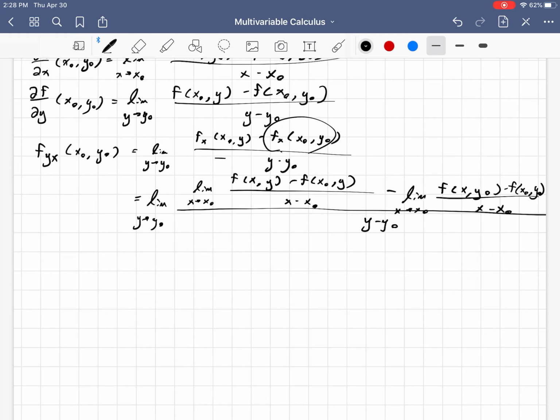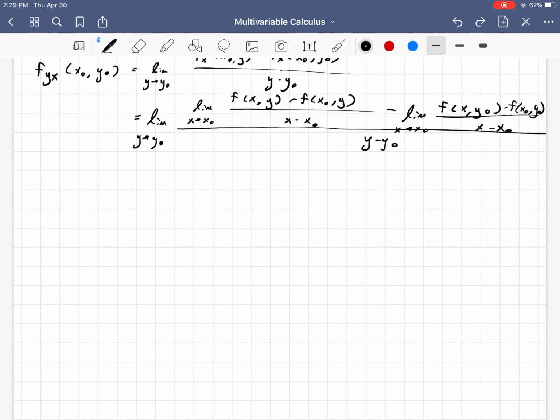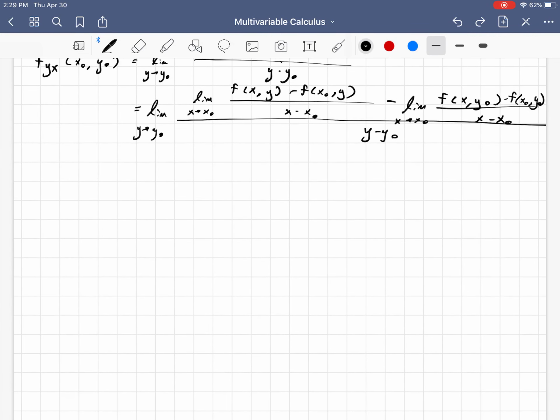Realize that these are roughly the same, except in this first definition y is held constant at y, but in the second definition y is held constant at the value of y naught, and that's why we have a y naught here and a y naught there. Okay, so now what I'm going to do is find f sub x y evaluated at x naught comma y naught.